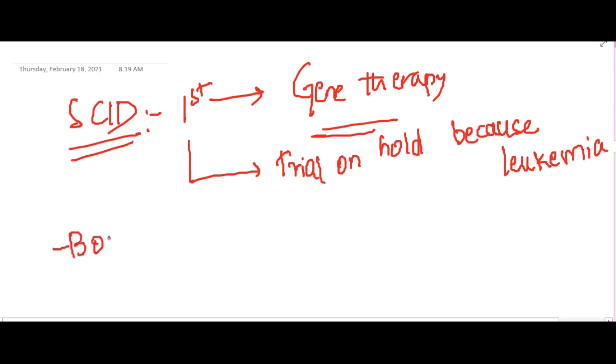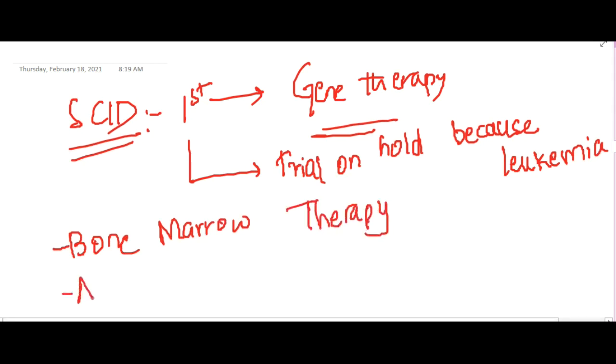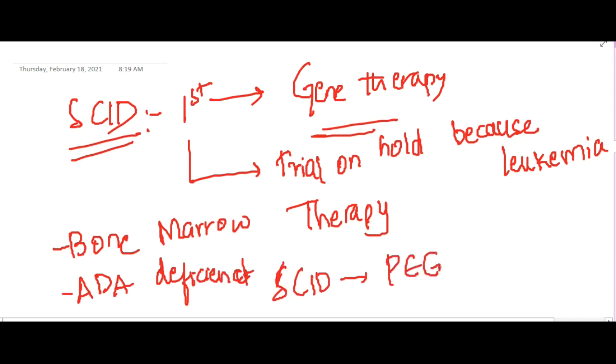Nowadays bone marrow therapy is given to the children, and if it is due to ADA deficient SCID, then PEG ADA is also available. So this is about severe combined immunodeficiency.